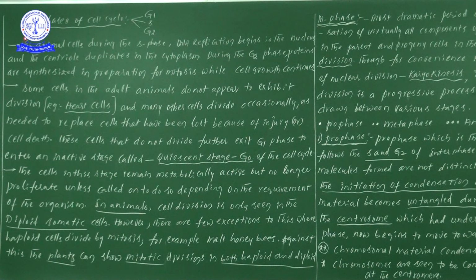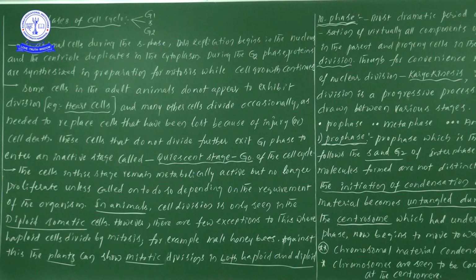In both animal cells and plant cells, the DNA replication process begins in the nucleus. But centriole duplication is seen only in animal cells. Centriole duplication takes place in the cytoplasm while S phase is going on in the nucleus of animal cells.